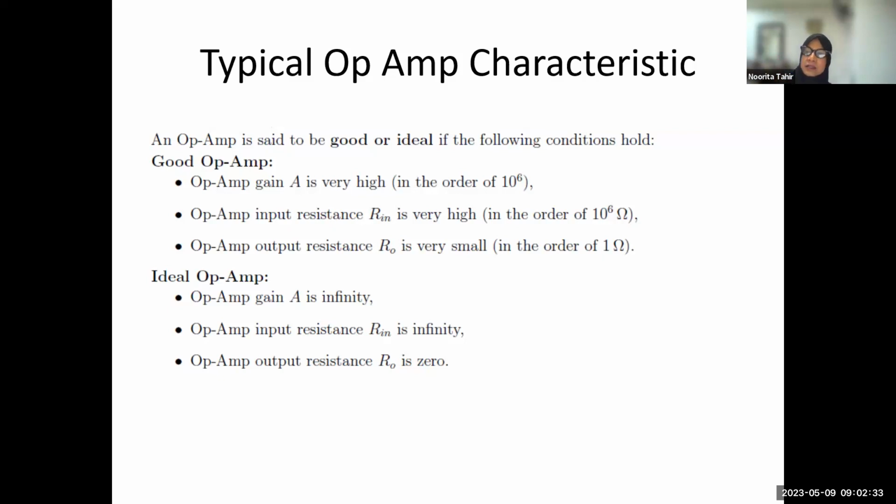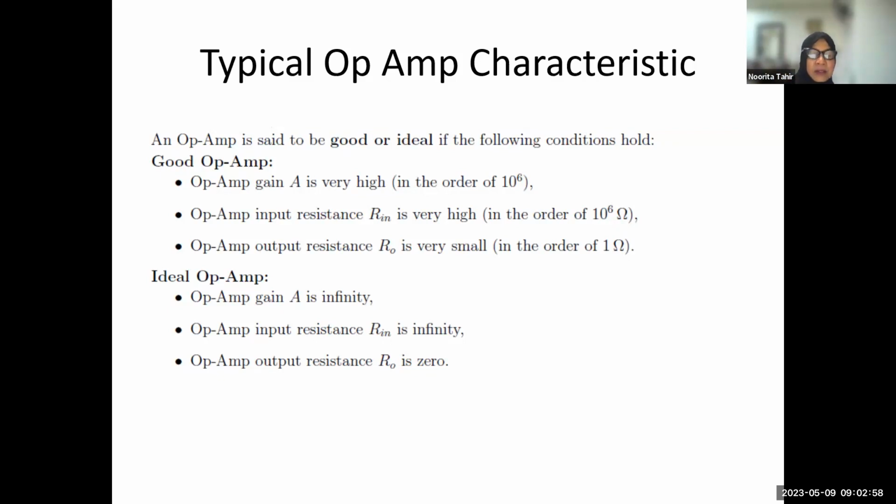Ideally, when we say it is a good OPM, meaning when we say it's high voltage gain, the OPM gain is infinity. That is ideal, or infinity means a very high value. And when we say the input resistance is very high, ideally it means the input impedance tends towards infinity.